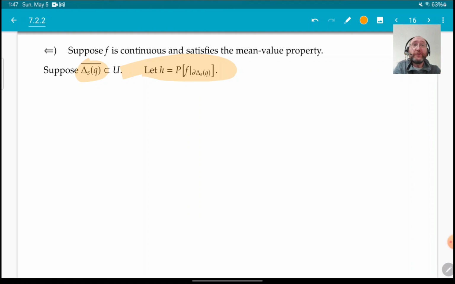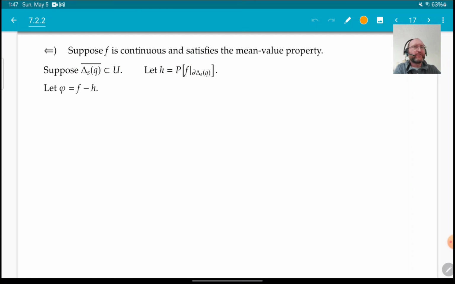Now we don't know that f is harmonic, right? So we'll get some other function, possibly other function, h, that's defined on the closed disk, and it's harmonic inside, and it equals f on the boundary. That's what we're getting, right?